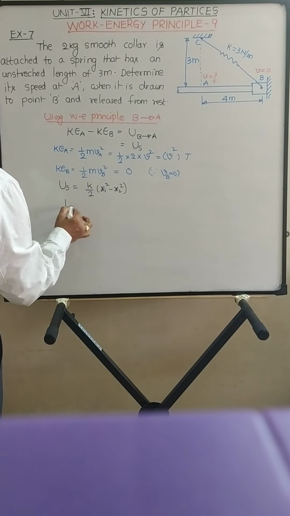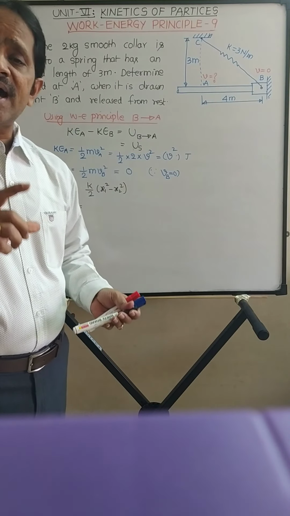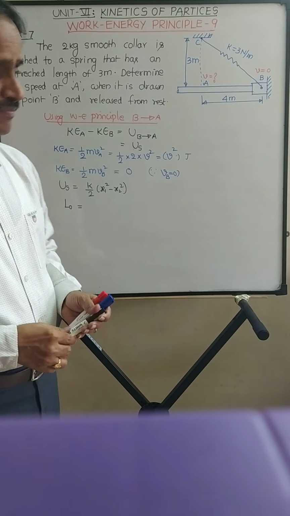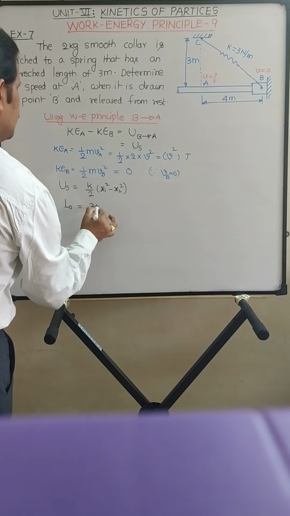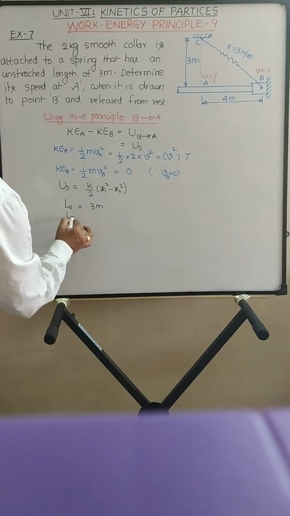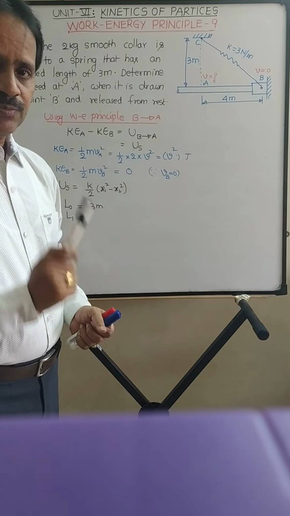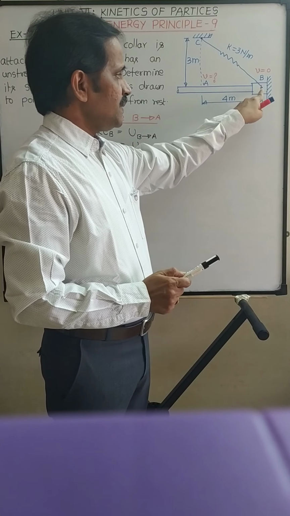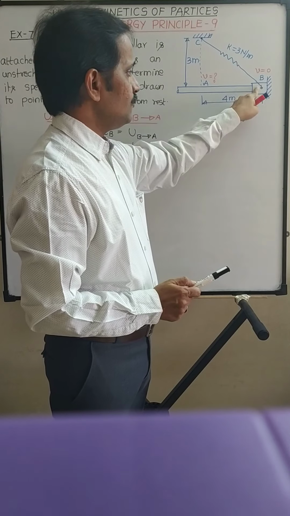Now see, what is L0? The undeformed or unstretched length of the spring. It is given as 3 meters. And what is L1? L1 means the length of the spring in the first position, that is the length of the spring when the collar is at B. So for this length, it is given 3 meters and 4 meters.